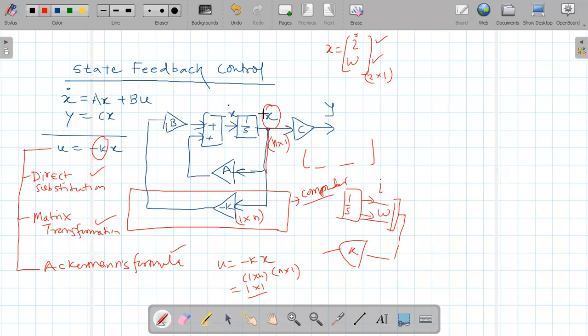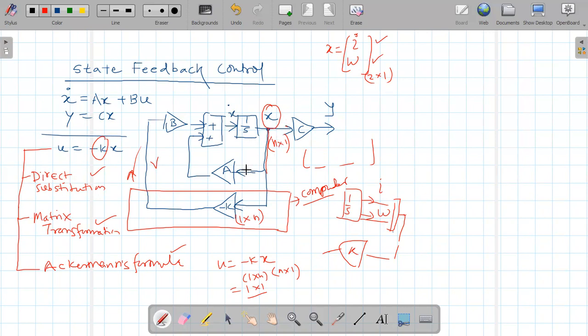I am taking the values of armature current and omega from the actual machine and giving it to the computer, where these two variables are multiplied with the gain K, and then it is going out of the computer, which is given to the system again in the form of voltage. This is applied as voltage to the system.